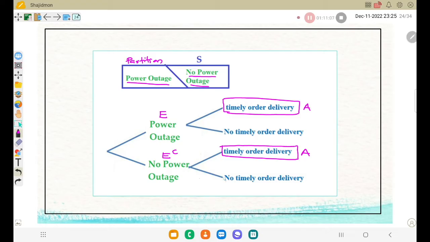Hope you understood the situation, correct? So we can go to the question now. E means the occurrence of power outage. You can simply write power outage. And E complement means no power failure, or power outage.